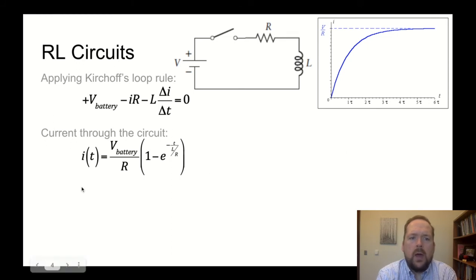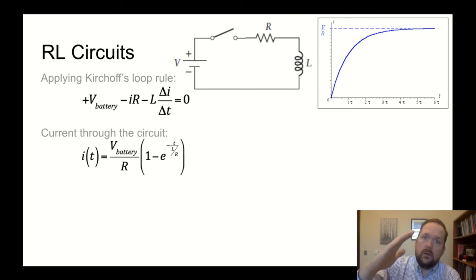So the current through the battery is the maximum current, so that's the voltage of the battery divided by the resistance. Again, times this inverse exponential function, which you may recall from our study of capacitors, is a mathematical function that starts at 0 and then climbs up until it reaches some plateau value.